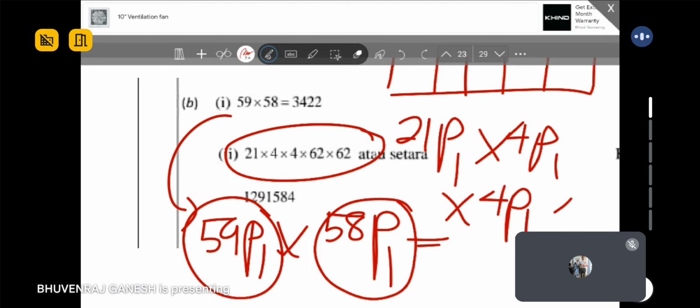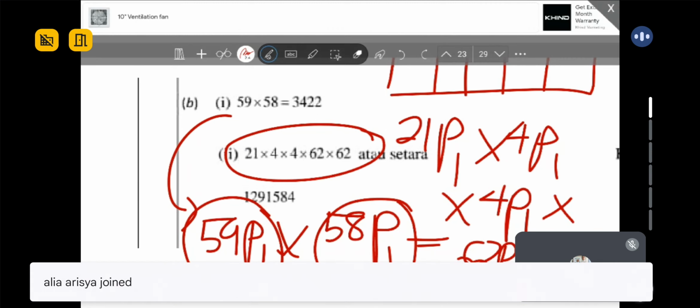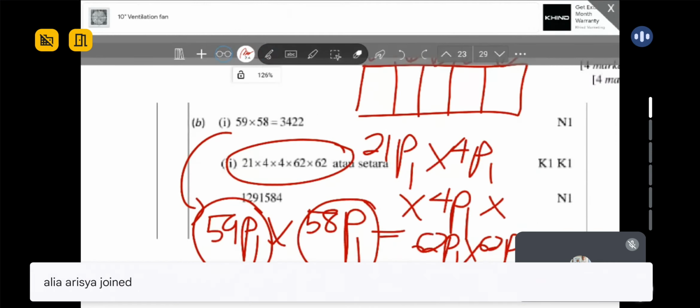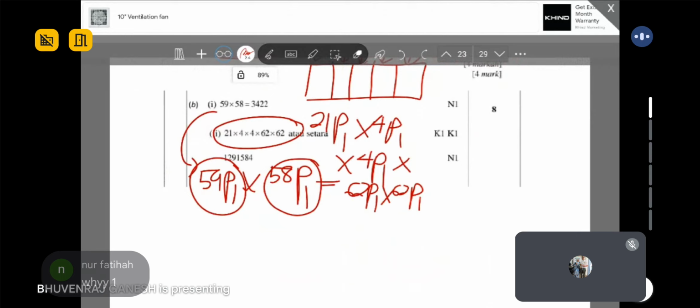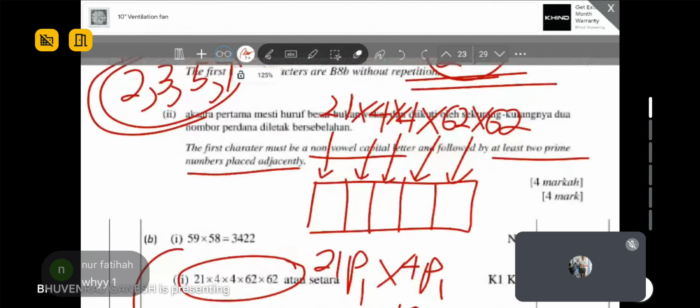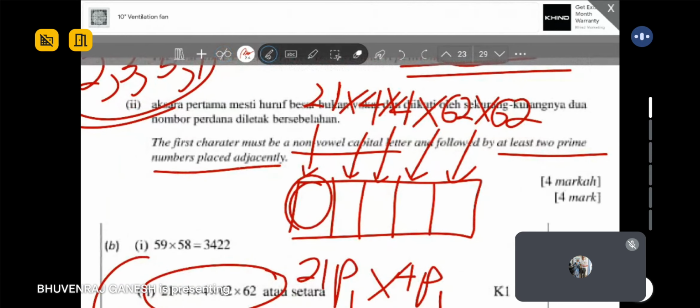Boleh faham tak? Macam ni. Okay guys. So if you want to write like this also can. Nak tulis macam ni pun boleh. Maksud sama saja. Okay. Why satu? Sebab kamu kena pilih satu nombor saja. Guys, berapa nombor kamu nak isi kat satu kedudukan? Satu sajalah. You can only fill one position with one number.